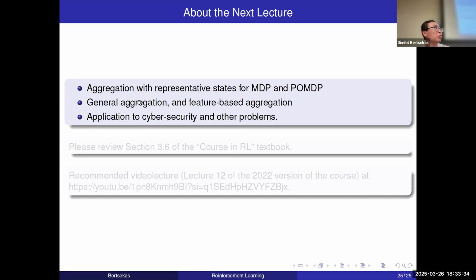He managed to pull it off and apply it to a very challenging problem that involved POMDP and gigantic state and control space and observation space. He's also going to cover general aggregation and feature-based aggregation, whereby you introduce some sort of feature to group together the states in order to obtain a smaller scale problem. And he's going to apply it to cybersecurity and other problems.